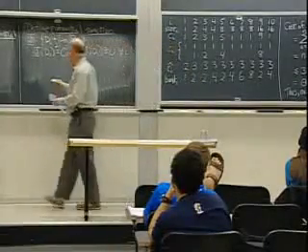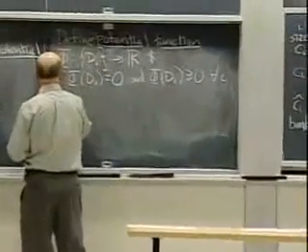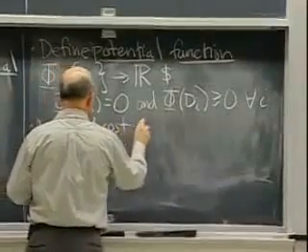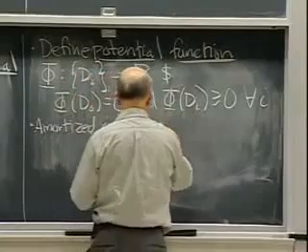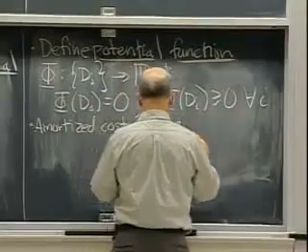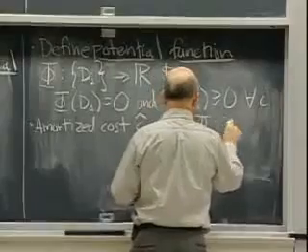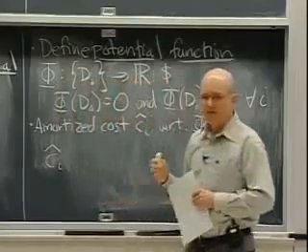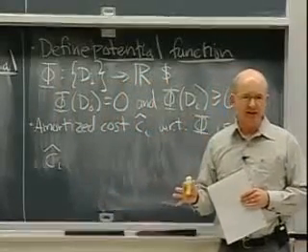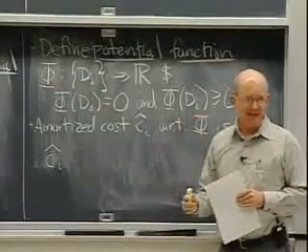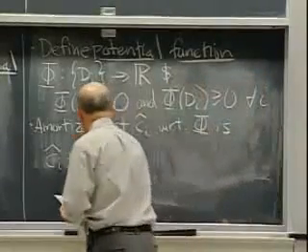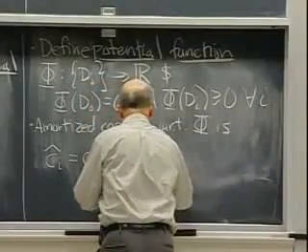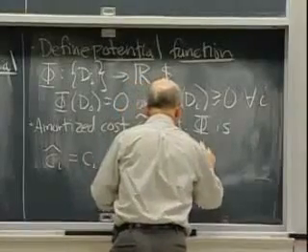Under this circumstance, we define the amortized cost c sub i hat with respect to phi as, and this is one of those formulas that, if you can't remember it, you should definitely put on your crib sheet for the final: c sub i hat is equal to c sub i plus phi of D sub i minus phi of D sub i minus 1.